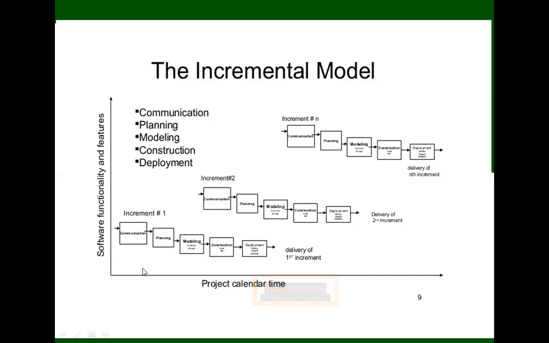So when increment 1 is in the planning stage, increment 2 is in the communication stage, and when increment 2 is in the planning stage, increment 3 is in the communication stage, and vice versa. The steps are repeated until the user's requirements are fulfilled. So this is the incremental model.